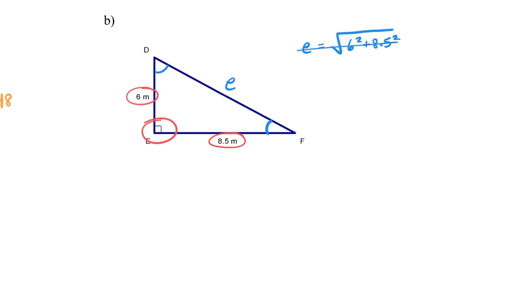In fact, we should be so comfortable that we could jump straight to this. The only thing I've got to do a little calculating on is what's 8.5 squared? There we go. So you go ahead, you add on your 36.